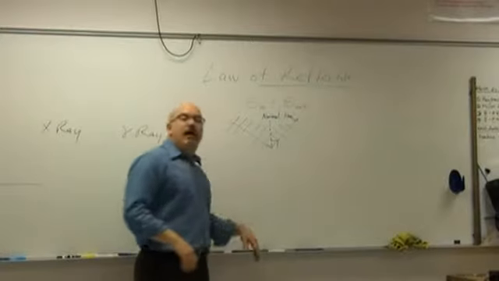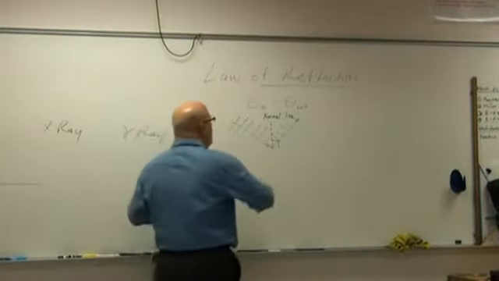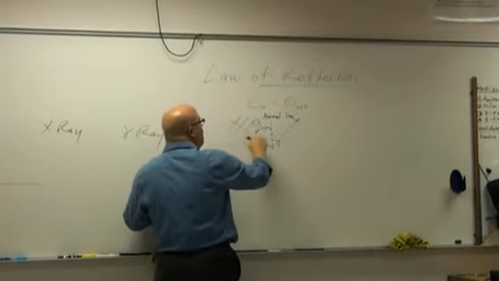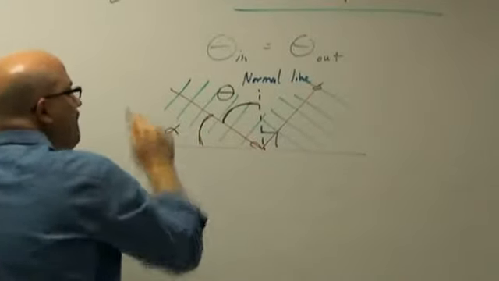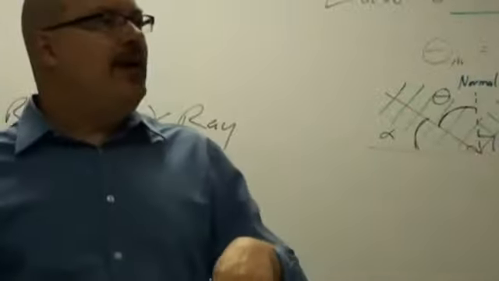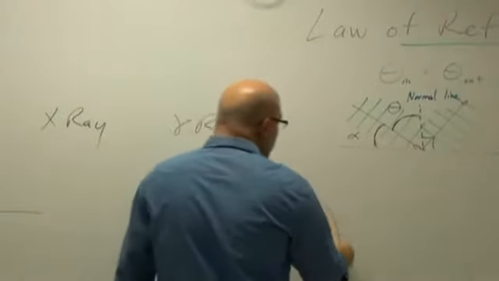Now, this seems kind of silly because we really have two ways to measure our angle. We could measure our angle up here to the normal, or we could measure it down here to the surface. One of the two. But it turns out that in most cases, geometry-wise, it's easier to draw a normal line than it is to draw a tangent line, because some of our surfaces will be curved.